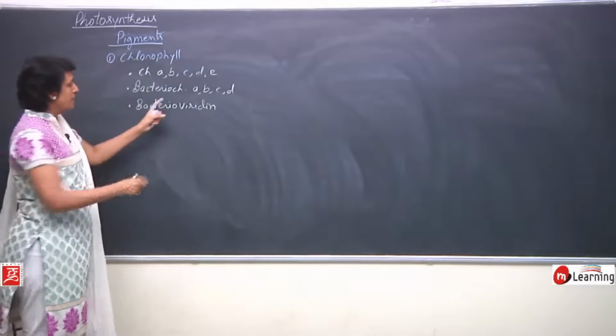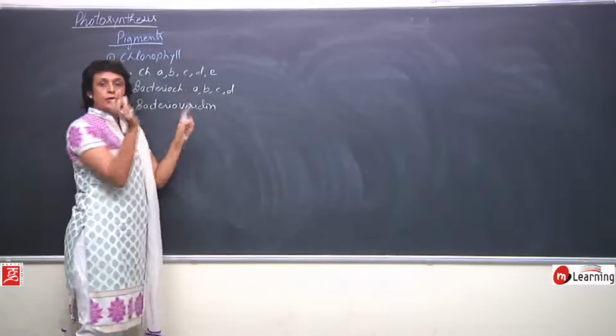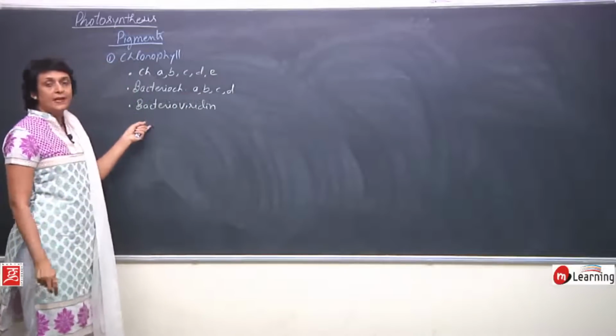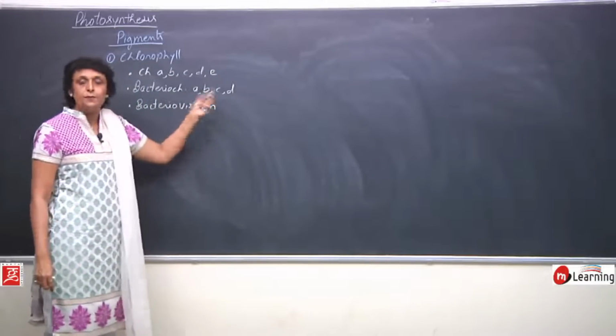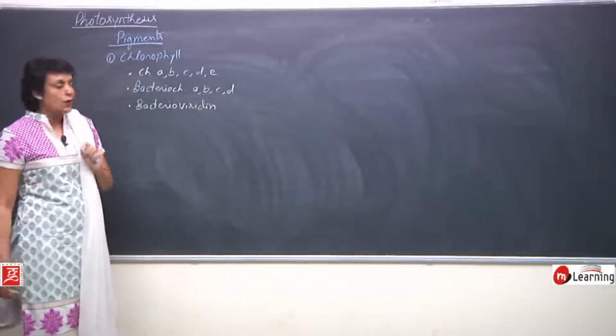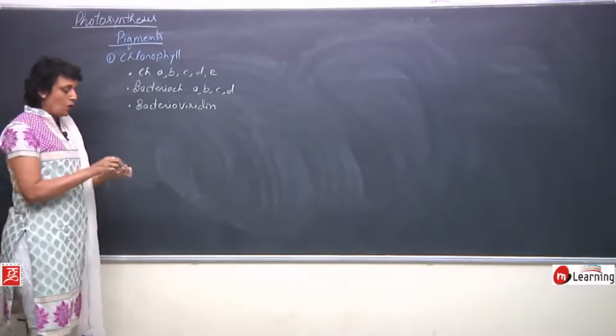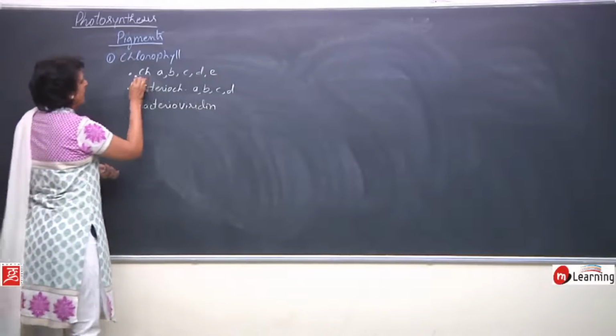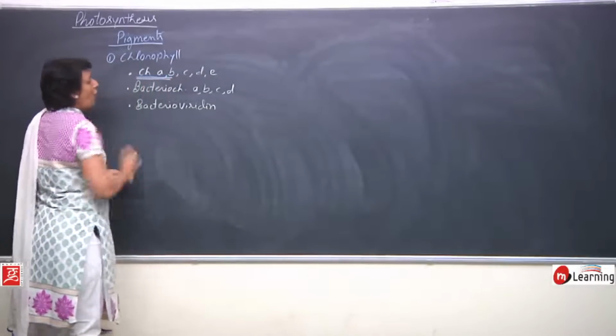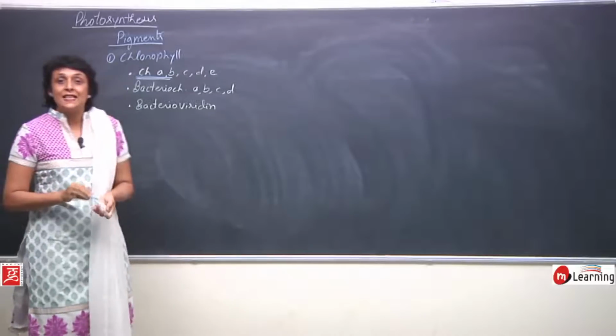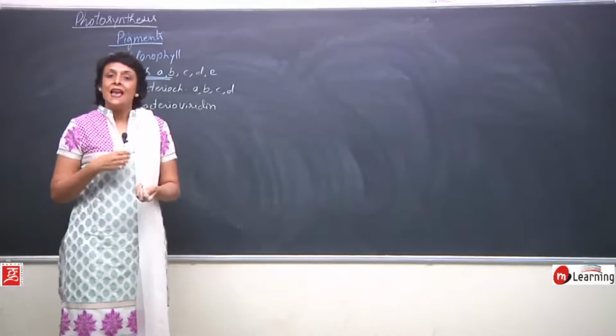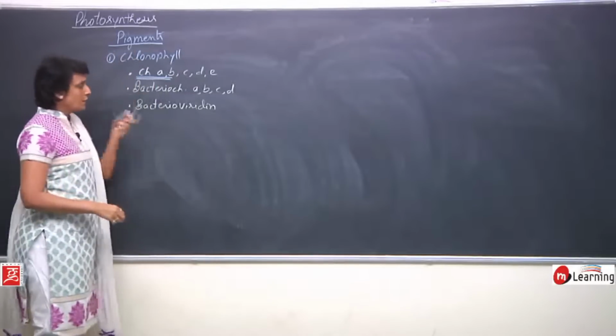The difference is only this. If you take it as 1, the number will remain as 7, and if we take the subtypes, we can say there are 10 types of chlorophylls. The most important are these 2. All others are accessory pigments. Accessory means helping pigments. We will talk about this in a minute.